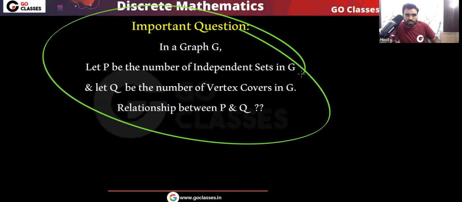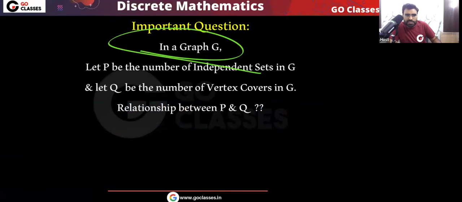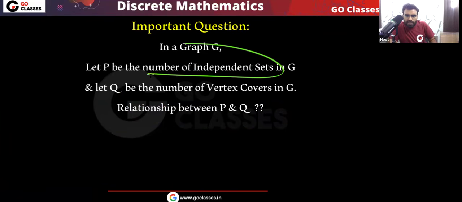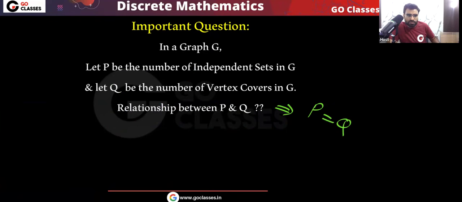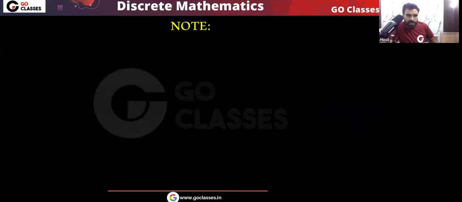Now let's solve this question. In any graph G, if P is the number of independent sets and Q is the number of vertex covers, then what is the relationship between P and Q? The answer is P will be equal to Q. Correct? Means the number of independent sets and the number of vertex covers will be the same in a graph G. The reason is very simple.